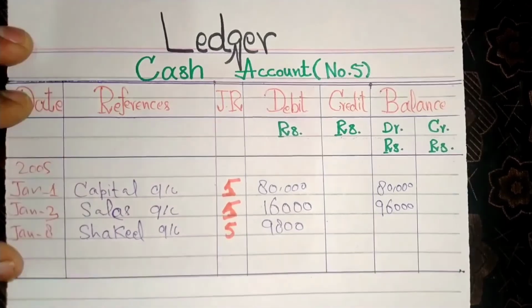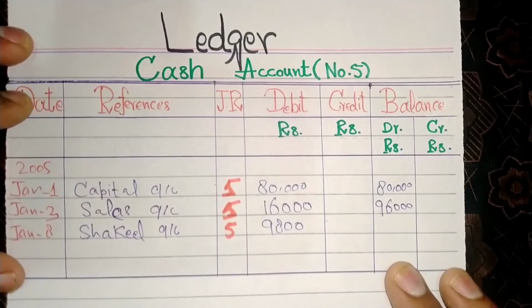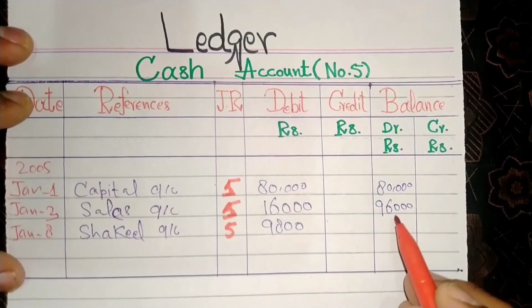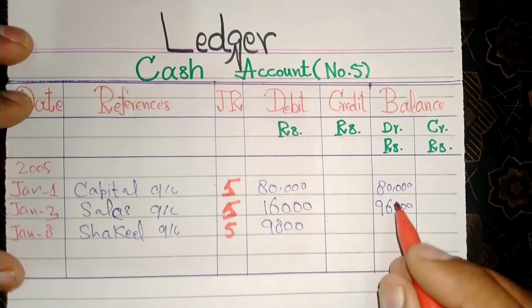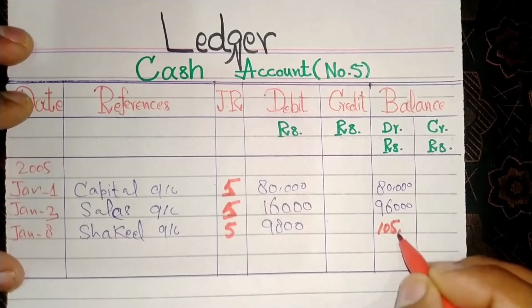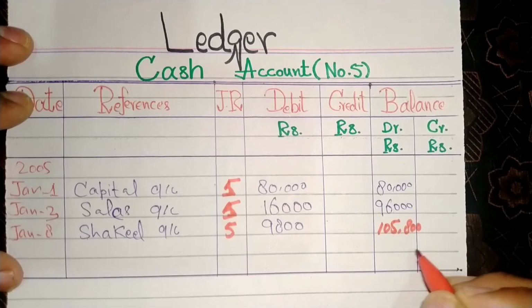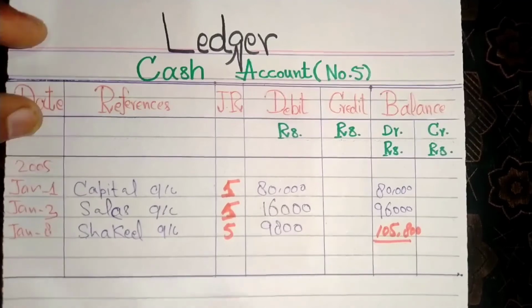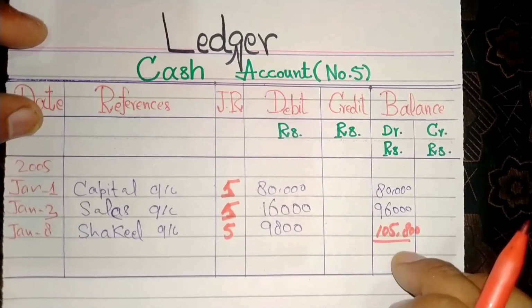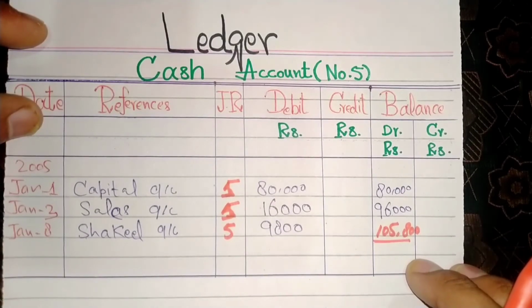The last step of making this account is that we add debit balance and debit balance, and we have a total debit balance of 105,800 rupees. This is the debit balance in the context of the self-balancing form of ledger account.